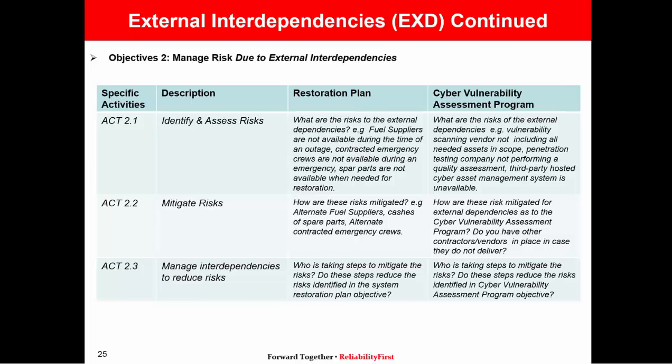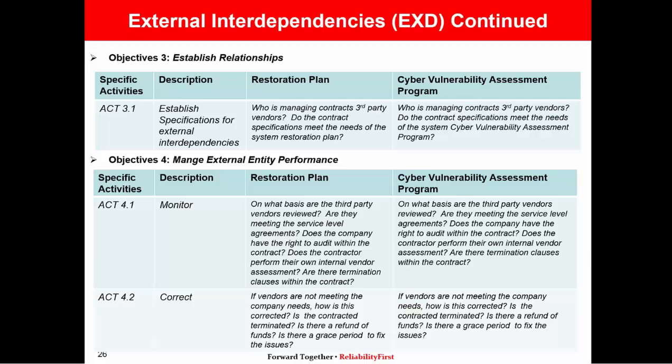All right, Objective 3 identifies the need for a structured relationship with the external interdependencies. This enables management of the external interdependencies. And Objective 4 says look at the performance of the external interdependencies and correct it if need be.